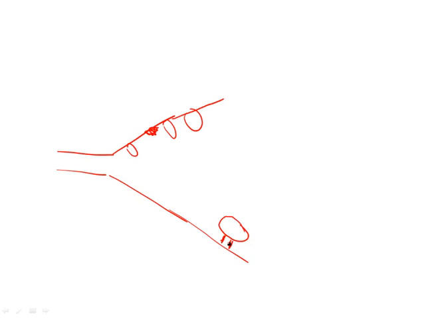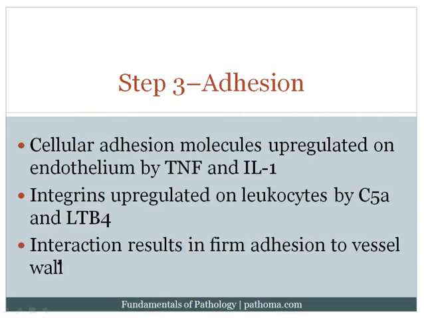And the reason we're going to want to stop it dead in its tracks is because eventually we want to bring the leukocyte to this side of the blood vessel so that it can fight the infection out here. And so the next step is actually called adhesion. So let's go back. And adhesion refers to the binding of the leukocyte to the vessel wall, and it actually occurs via an interaction between two proteins.